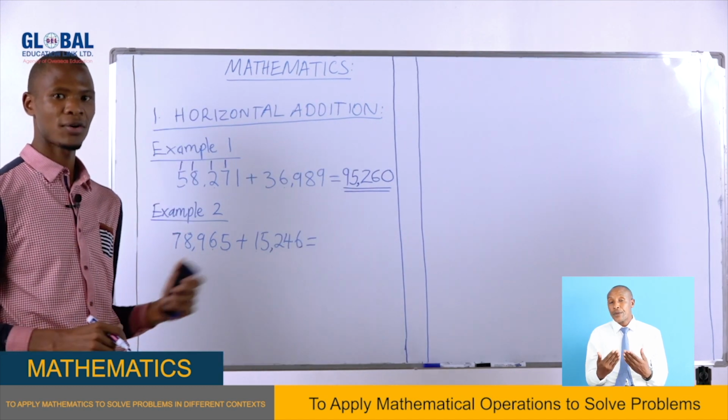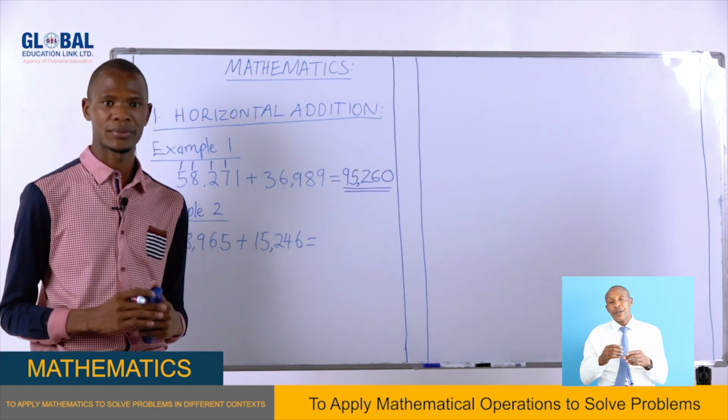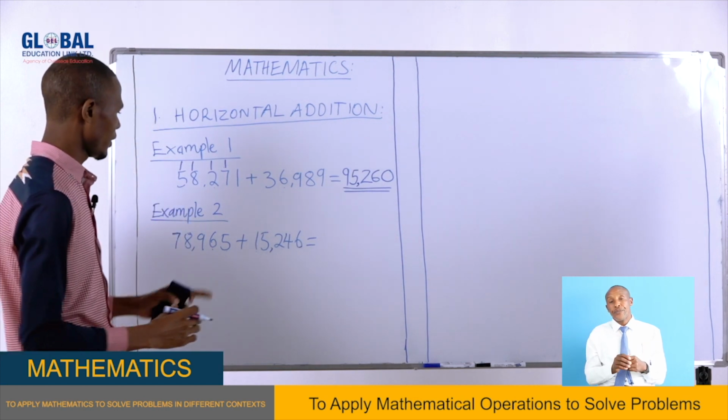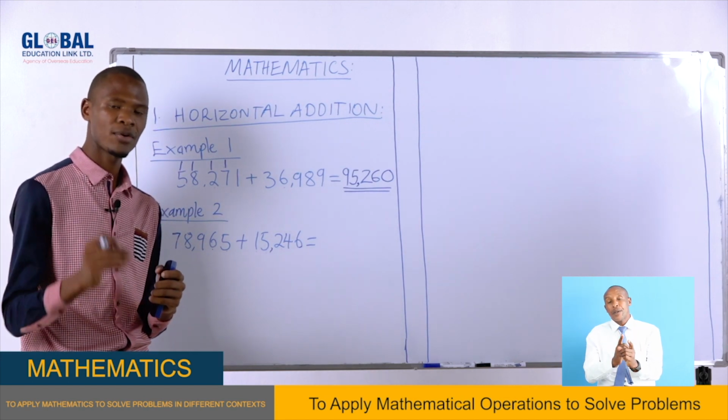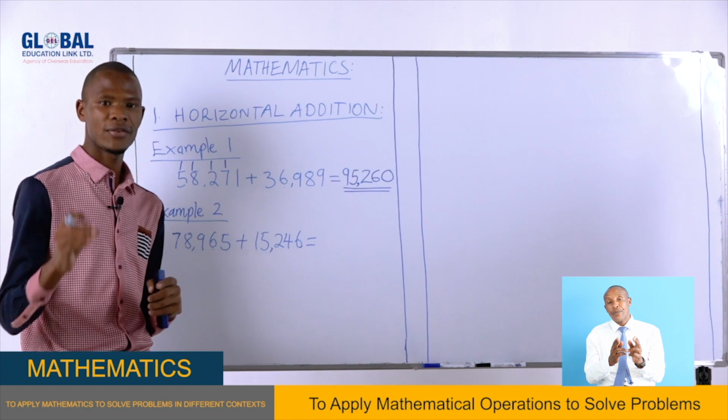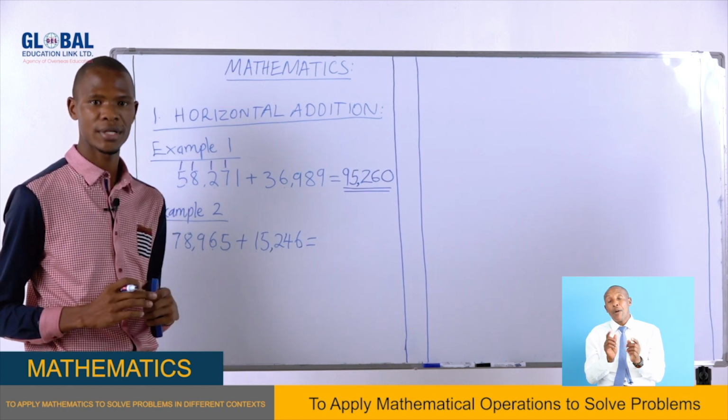Now, let us solve example number 2. So here, we need to follow the same procedure. When we get the sum of two digits greater than 10, we need to carry forward.